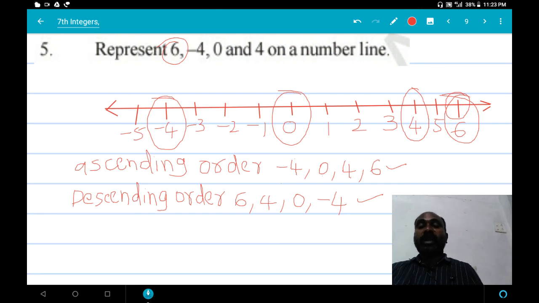Comparing minus 4 and 4, which is smaller? Minus 4 is smaller, 4 is bigger. Comparing 6 and 4, 6 is bigger.